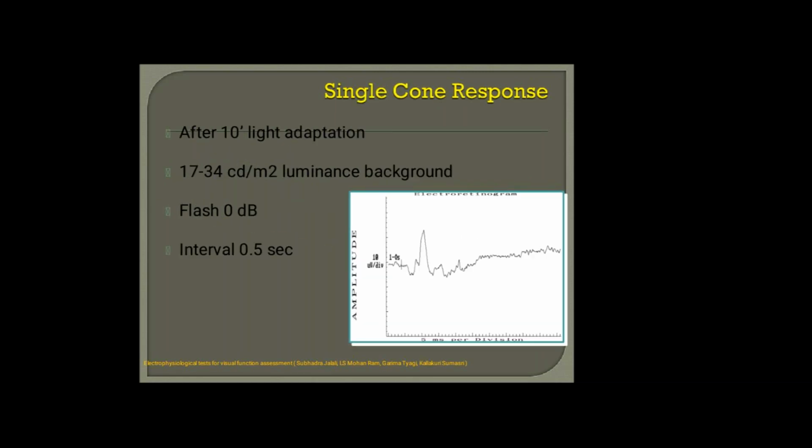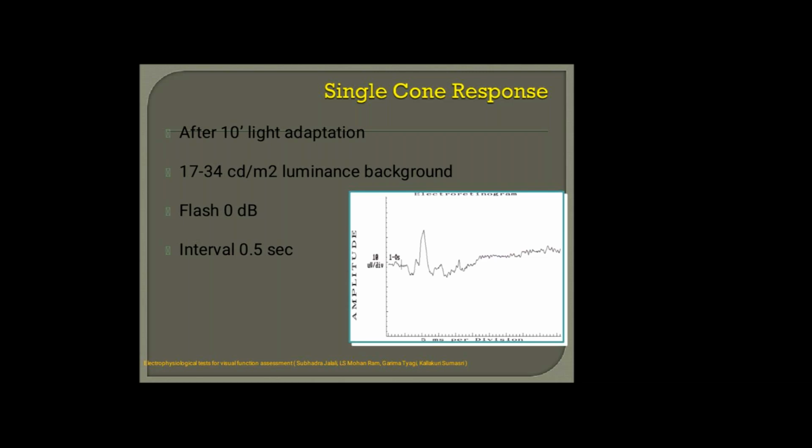Now you make the patient sit in the lighted room for 10 minutes and then switch to the cone mediated protocol, that is the single cone response. The waveform looks like this. The A wave is from the photoreceptor cones and off bipolar cells.